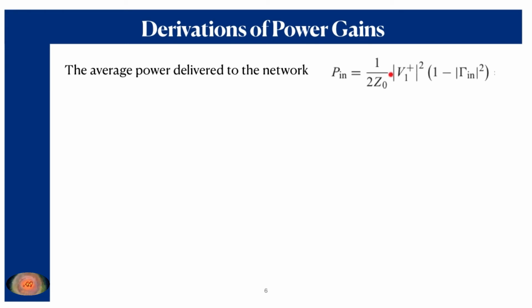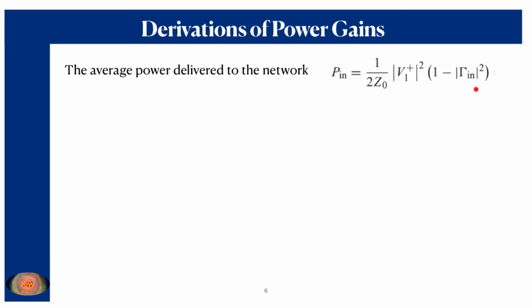Now, since the complex voltage is considered in the definition of S parameter, that is why this magnitude, or this mod V1 plus squared, is to be considered. But in the case of simple circuit applications, we know for a real voltage, the expression for the power appears as V squared divided by 2R when you deal with a pure sinusoidal signal.